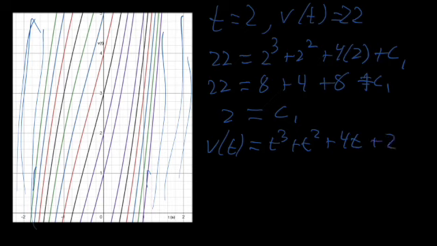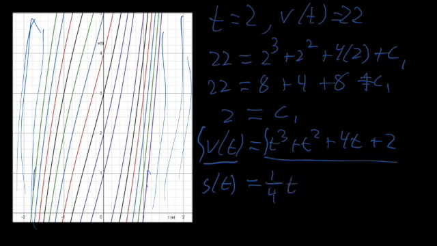We can do a very similar process, integrating both sides, because the integral of the velocity is the position function. So the position is equal to the integral of all of this. Using the power rule again, we get 1/4 t to the 4th plus 1/3 t cubed plus 2t squared plus 2t plus c2.